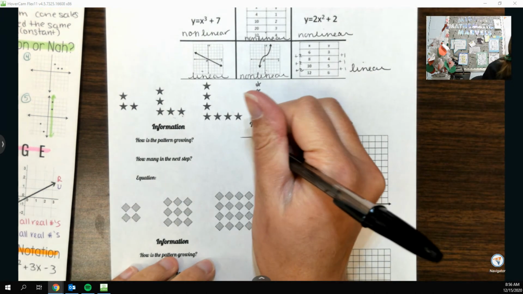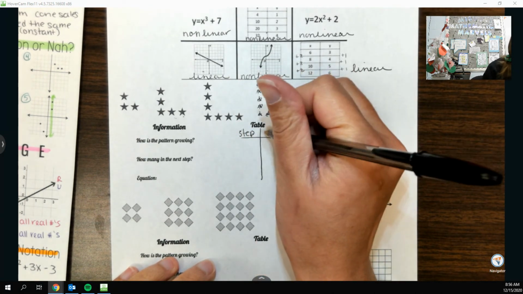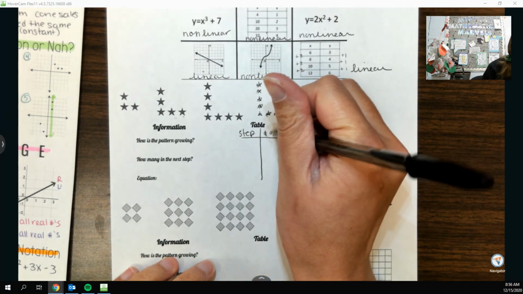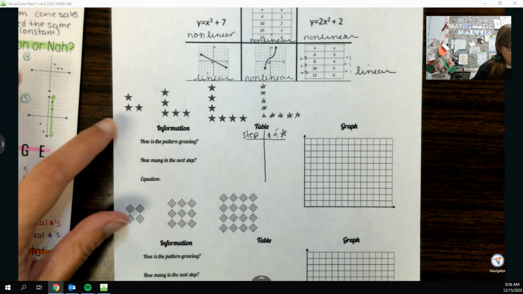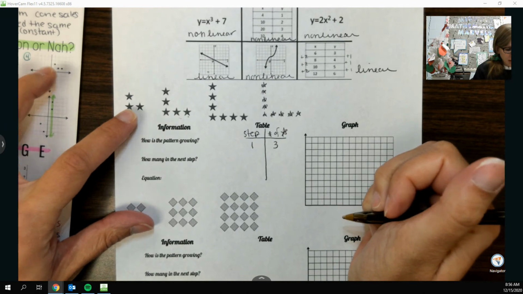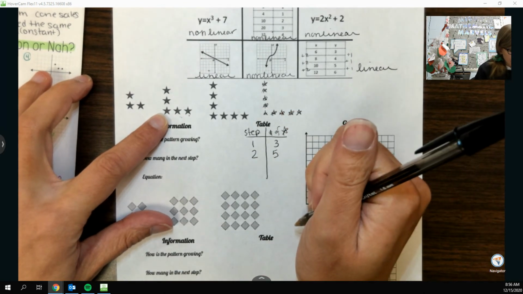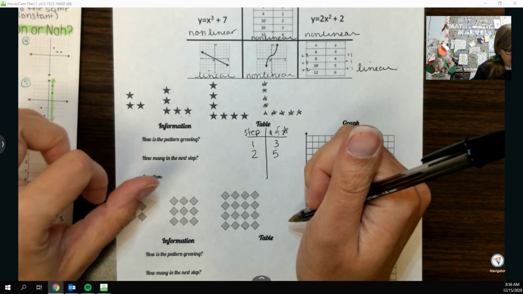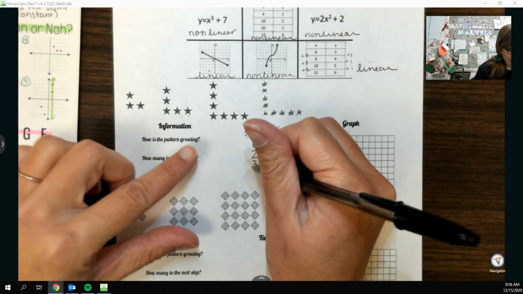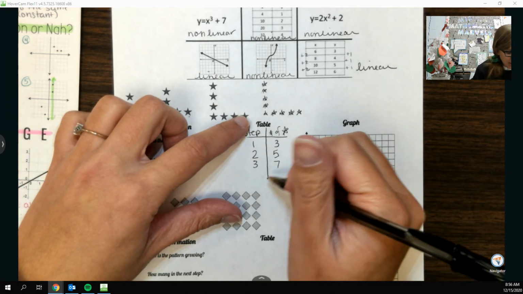So if I make a table of values, I put the step number and then number of stars. So in the first step, there are 3 stars. In the second step, there are 5 stars. In the third step, there are 7 stars.